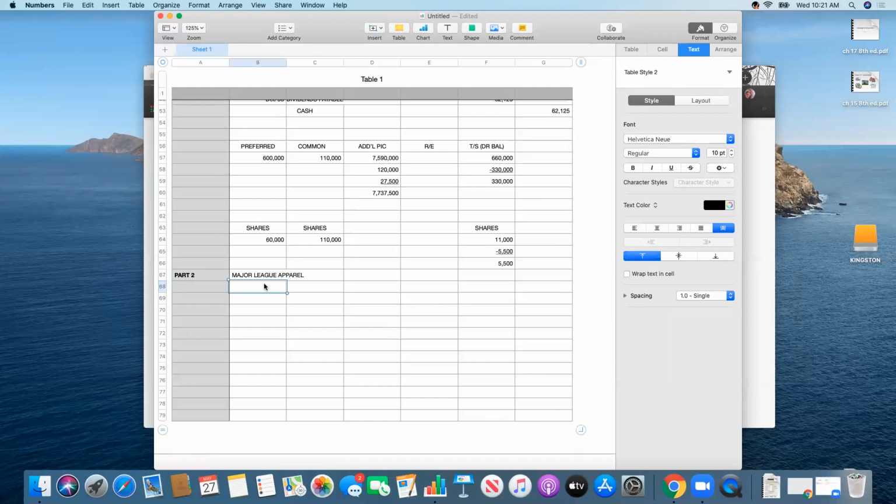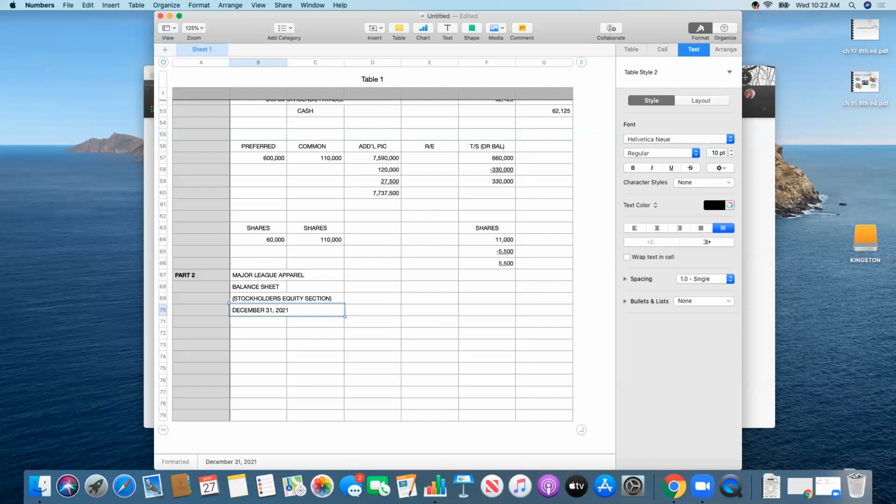Major League Apparel, balance sheet, stockholders equity section. Now, usually when you're doing the problems on Connect, they give this to you. They start you out that way. But when you're doing the problems from scratch like this, they don't.